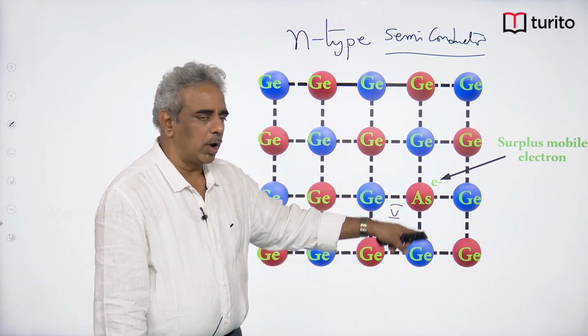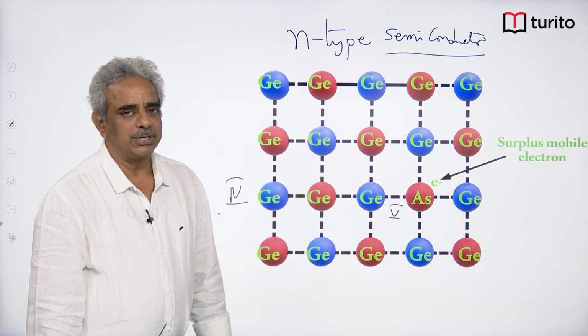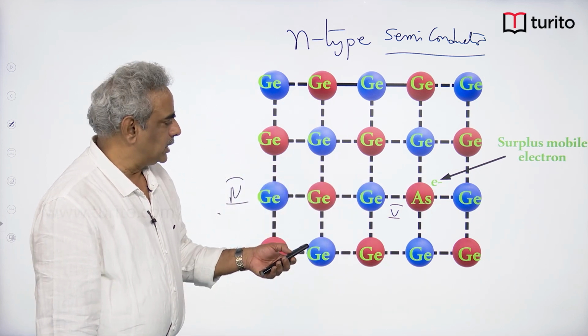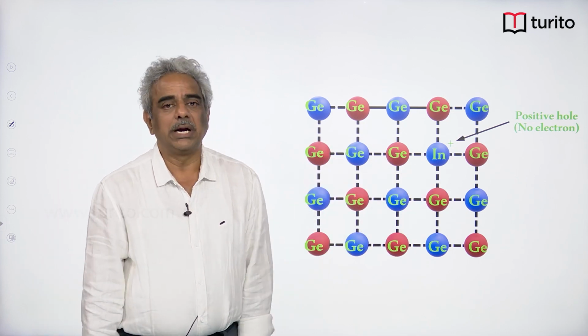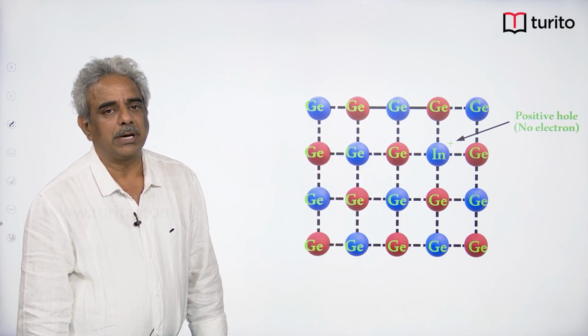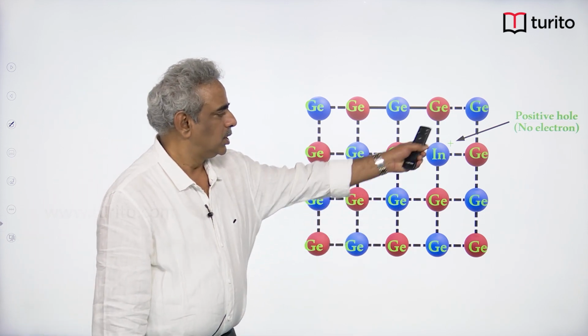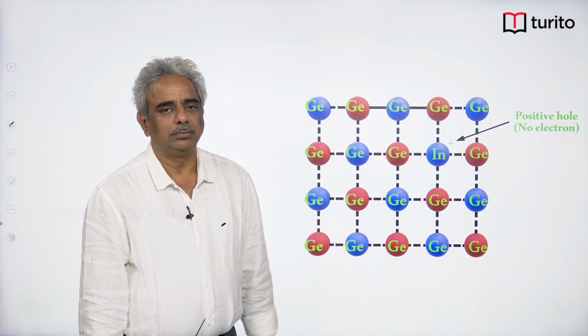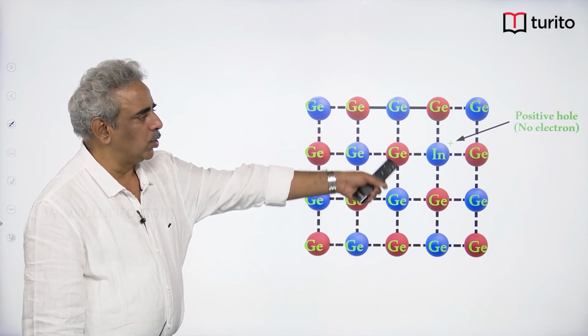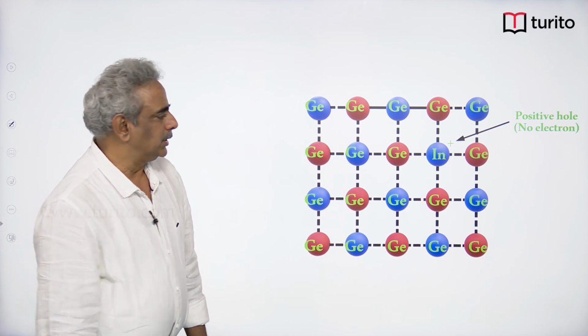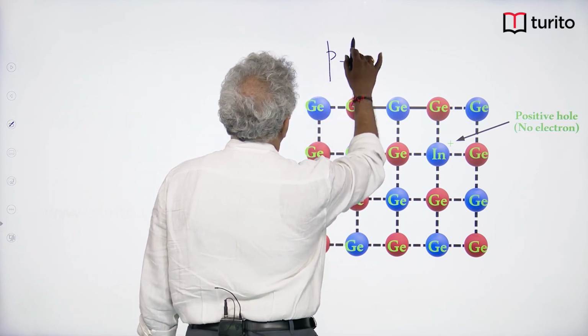It can use 4 bonds, 1 electron left unutilized. Whereas in the next case, again fourth group, but I have introduced a third group element. A third group element can form only 3 bonds. So there will be one unoccupied bond, an orbital, a positive hole, there is no electron. This is called a p-type semiconductor.